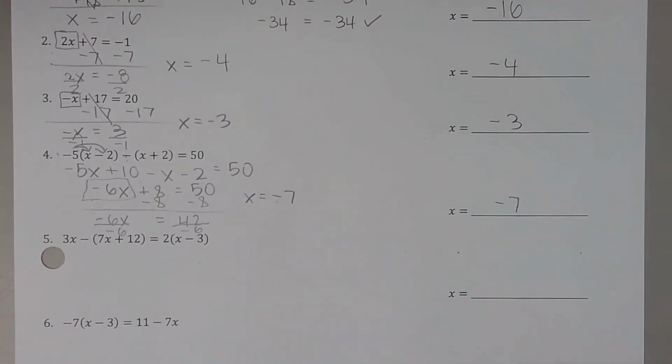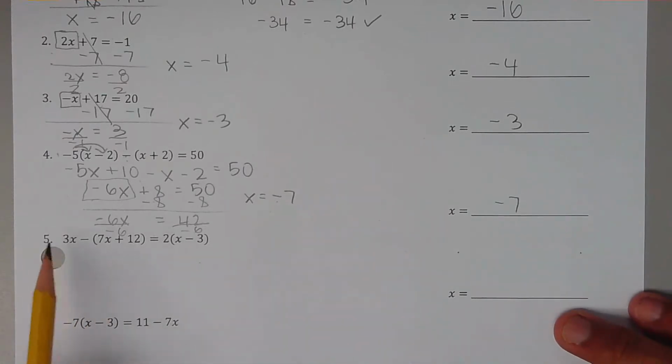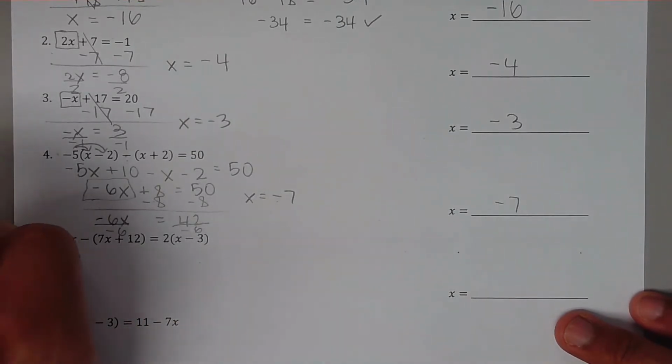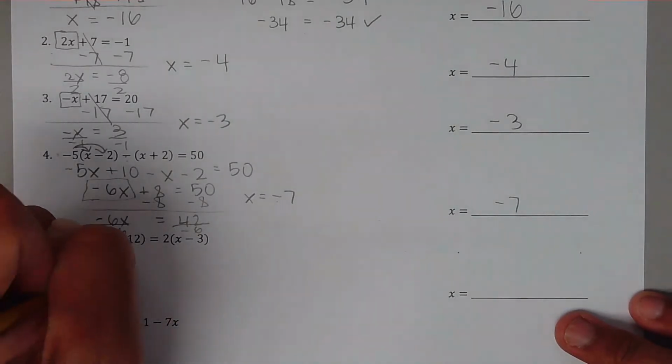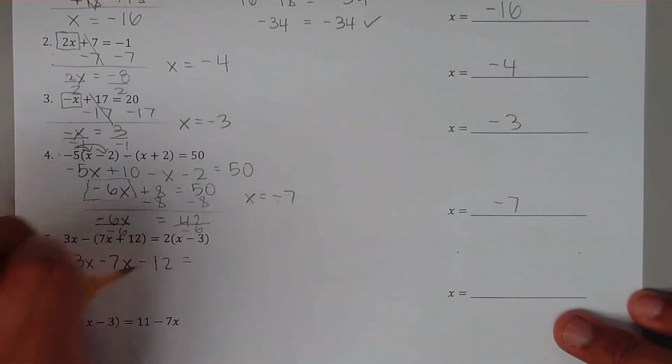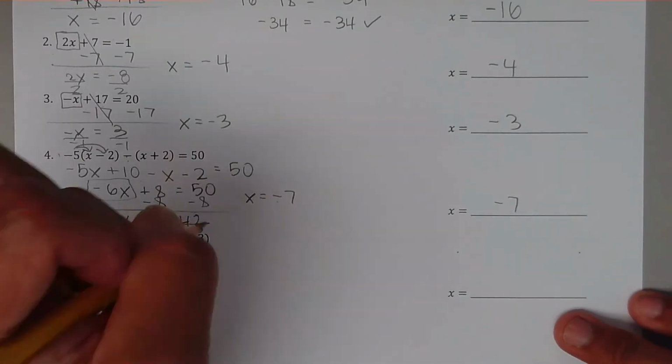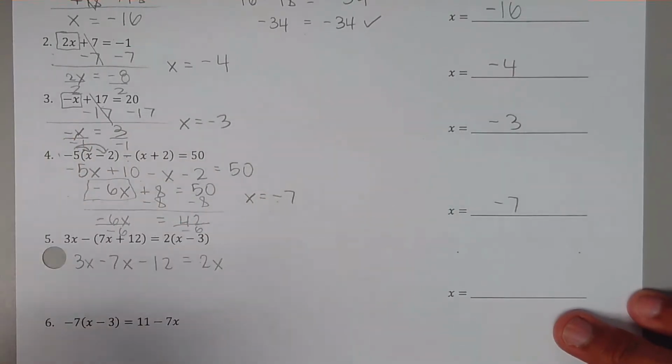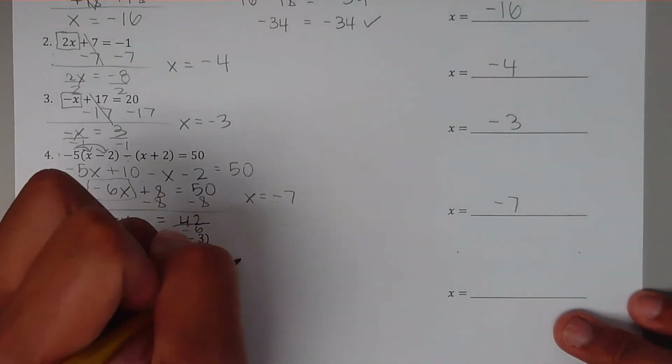All right, question number 5. Once again, we can think of distributing this negative 1, or just distributing this negative. So flip the signs of each of these. 3x minus 7x minus 12 is equal to 2x minus 6. Right?